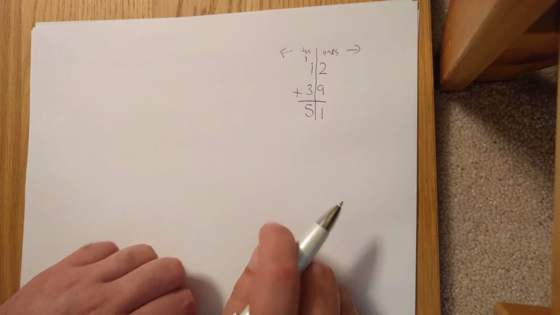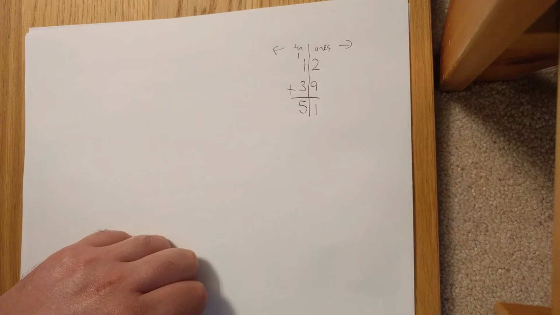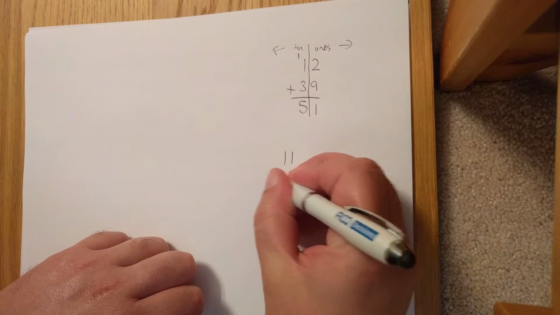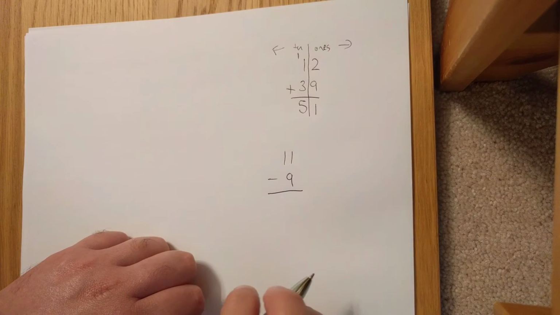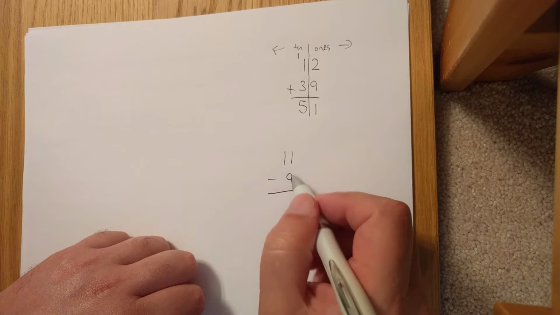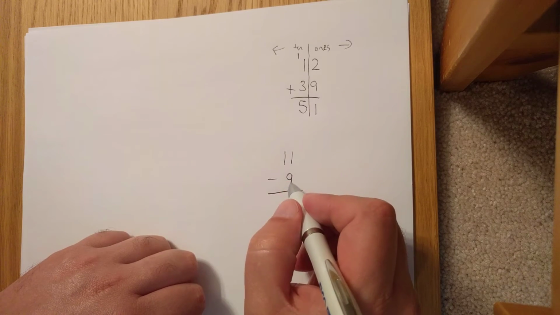There's a lot good there, but this is really the sticking point for me as a math teacher, losing that value. And you can see how silly it gets when you do something like 11 take away 9. This is the one I always use with kids. Okay, 1 take away 9. Well, I can't do that. If I've got 1 of something, I can't give 9 away.